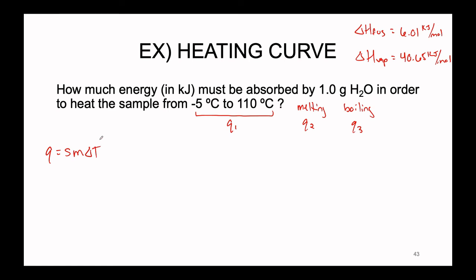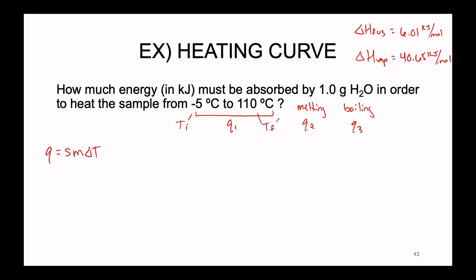Now you may ask yourself, are we allowed to consider negative 5 degrees Celsius our T1 or Ti, our initial T, and 110 degrees Celsius as our Tf, even though we are crossing through different phases in between these extreme temperatures?